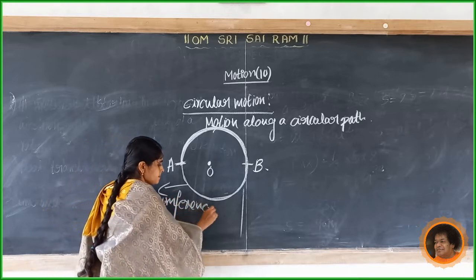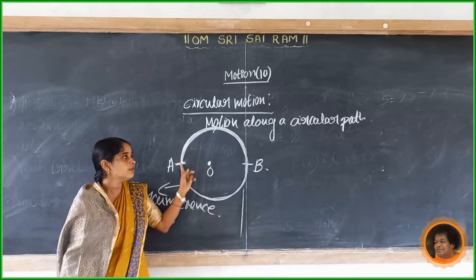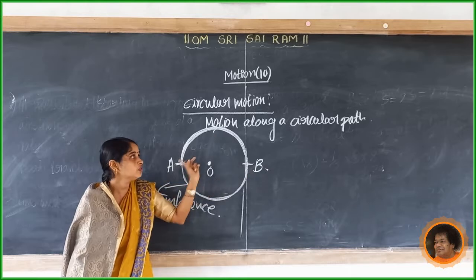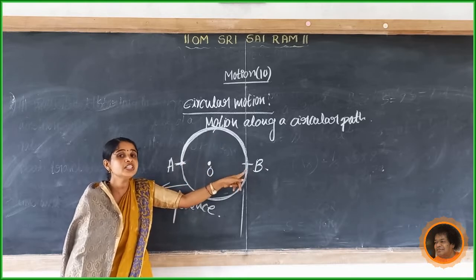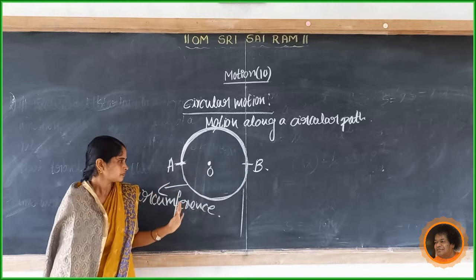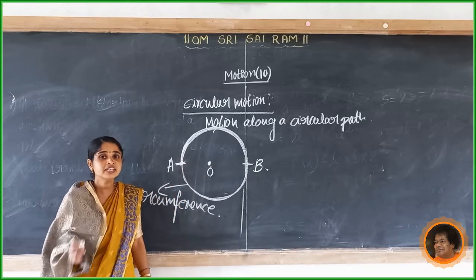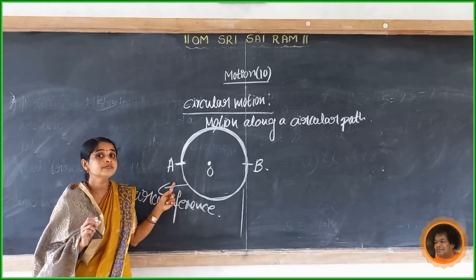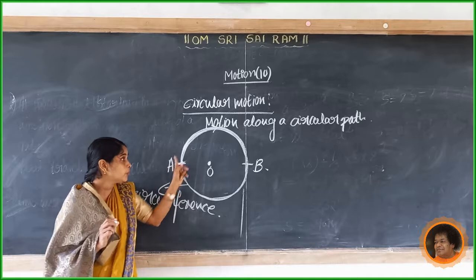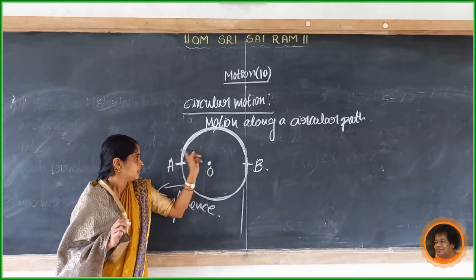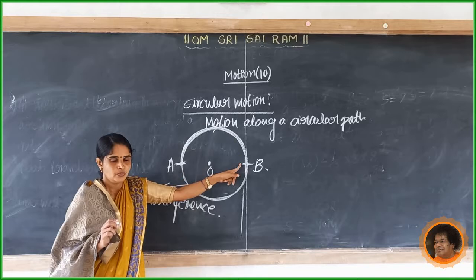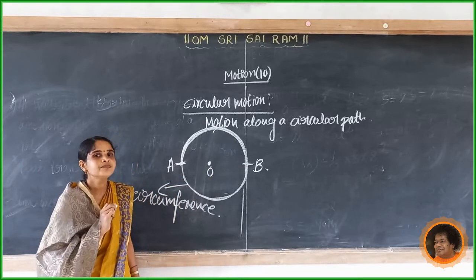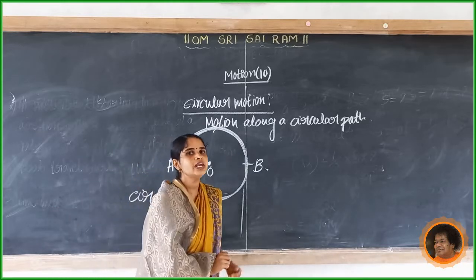If this object covers this distance, it moves from A to B along this path, then what is the distance travelled by this object? How to calculate the distance travelled here? What is the definition of distance travelled?